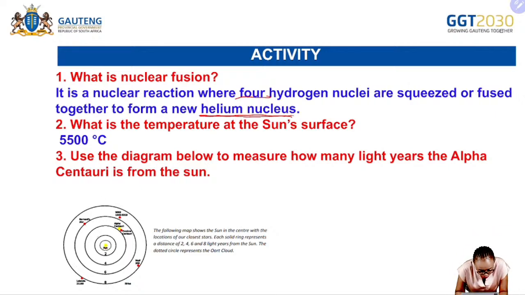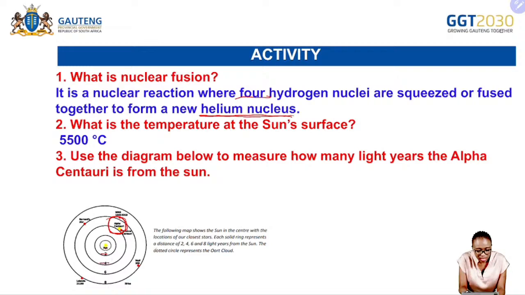So here we have the sun, and there is Alpha Centauri in yellow. There's Alpha Centauri. Now that we have located it, let's count and see how many light years away we are. So we are at 2, 4.